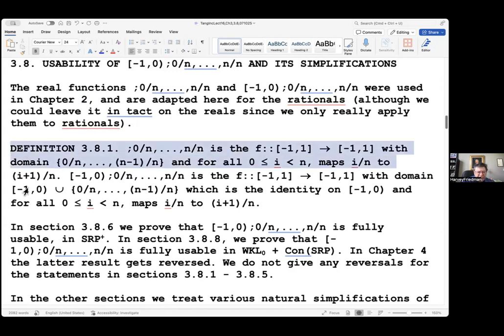And these are the definitions that we've discussed a lot. Oh, and we don't put the Q here anymore because it's understood that this is just rational intervals all over here.